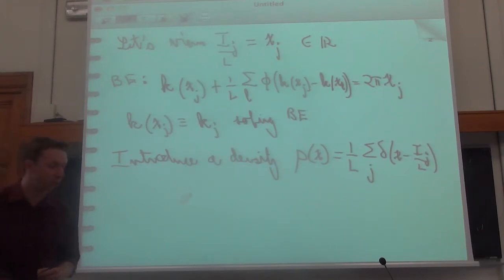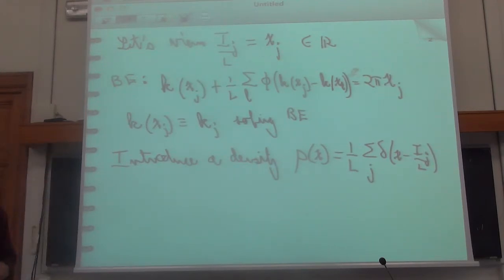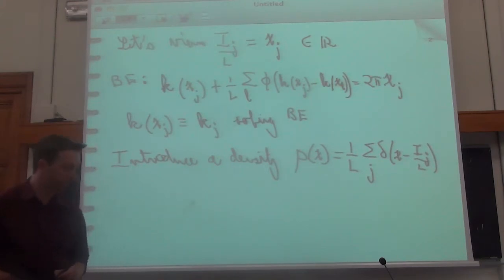So what this allows you to do is to rewrite this equation in a slightly different way.